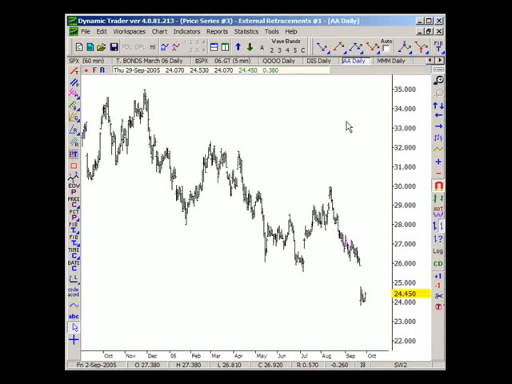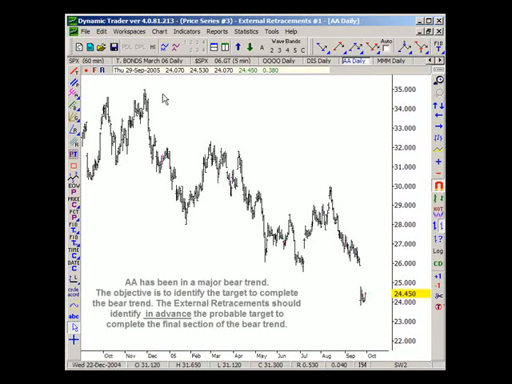So let's look at a couple stocks. And let's look at AA, American Airlines. The stock had been in a significant bear trend for many months. Let's say that our higher time frame, larger degree trend analysis indicates that it's coming in near the end of this bear trend.